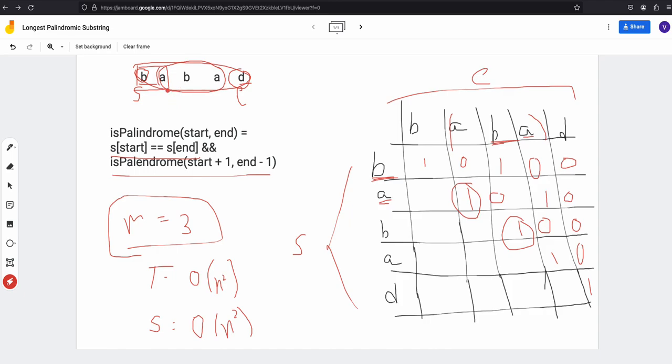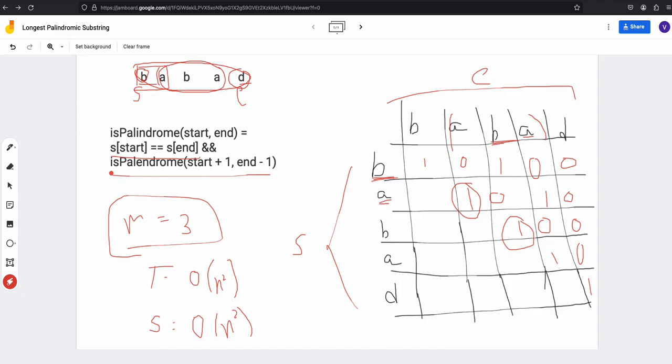I expand until when? Until that's not a palindrome, right? The advantage of considering a character as a middle point is you can stop whenever it breaks the palindromic formula, right?